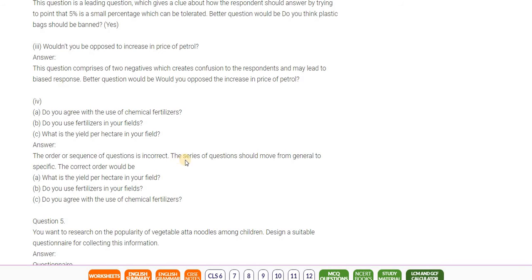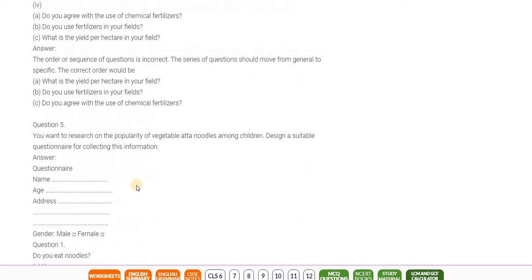This question order is incorrect. First we need to ask, do you use fertilizers in your fields? Like that, in order. We need to ask from general to specific. That is another mistake in this one.